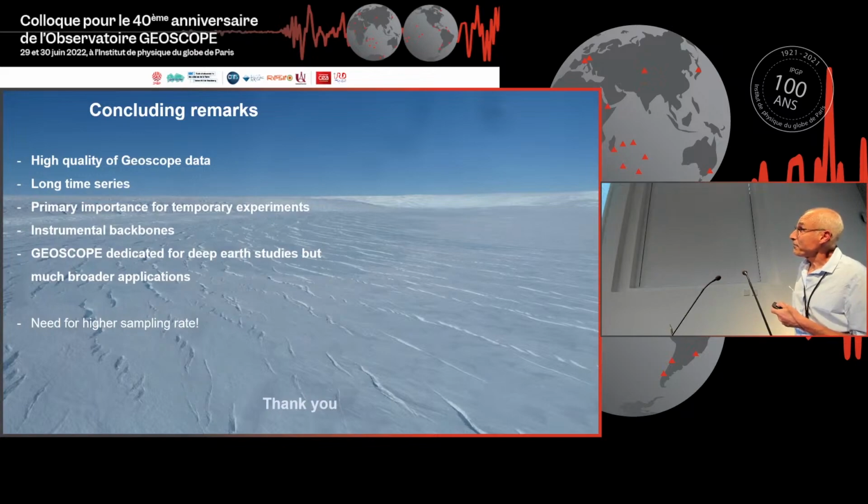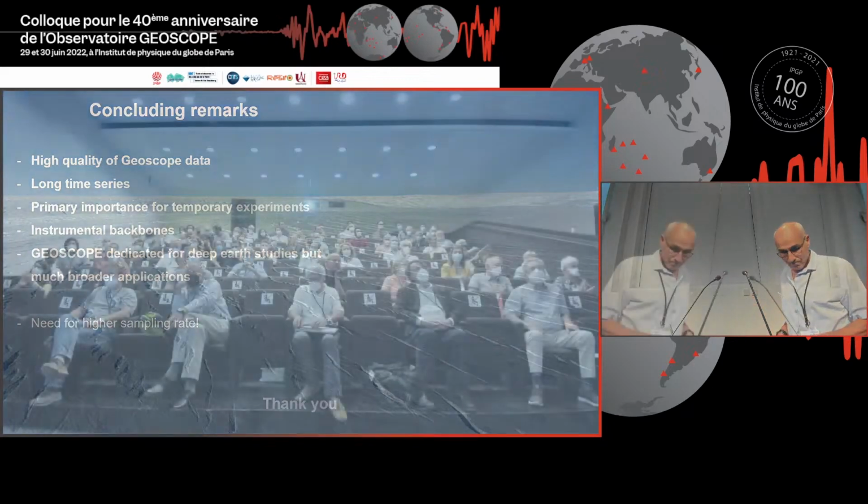And if Geoscope was initially dedicated to deep Earth studies, now it has clearly much broader applications. One of the messages is that environmental applications really need perhaps either some dedicated sensors or at least some higher sampling rate at some stations. Thank you very much.